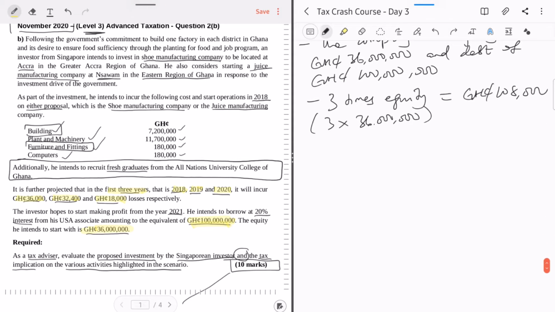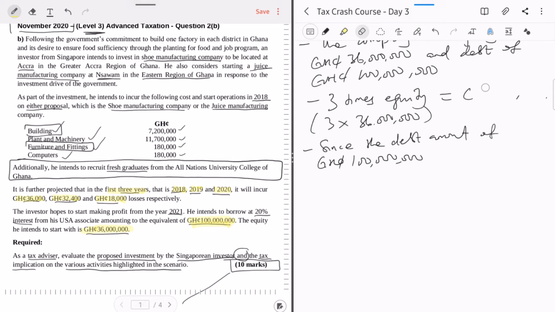So we'll say that since the debt amount of Ghana cedi 100 million, okay, this is in millions, so please add 3 zeros here. Let me write this 108. So this is Ghana cedi 108,000,000.